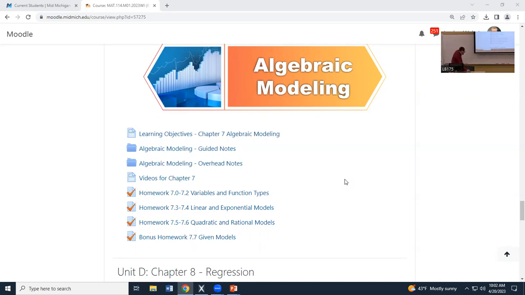All of the remaining ones from the algebraic modeling are due Friday at 5. Last Friday, we had homework due too, the one on the 3 types of models.